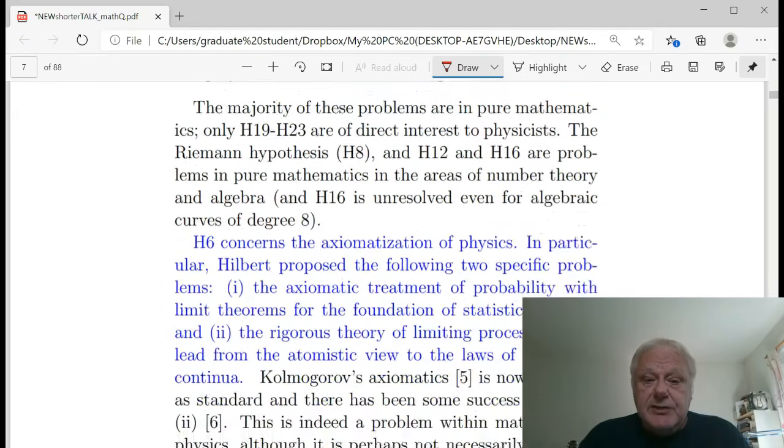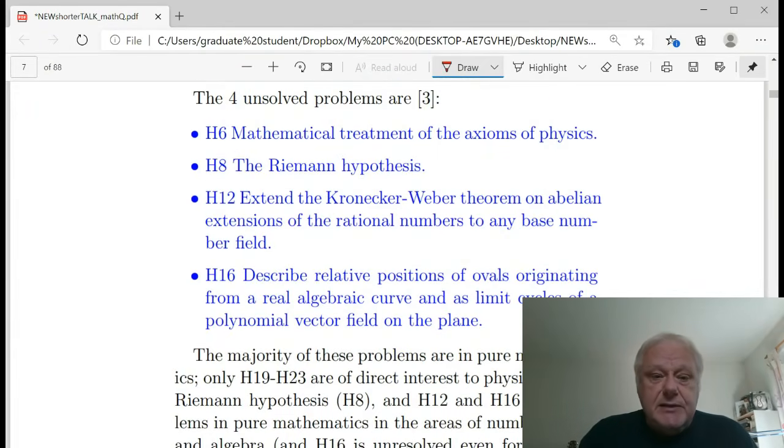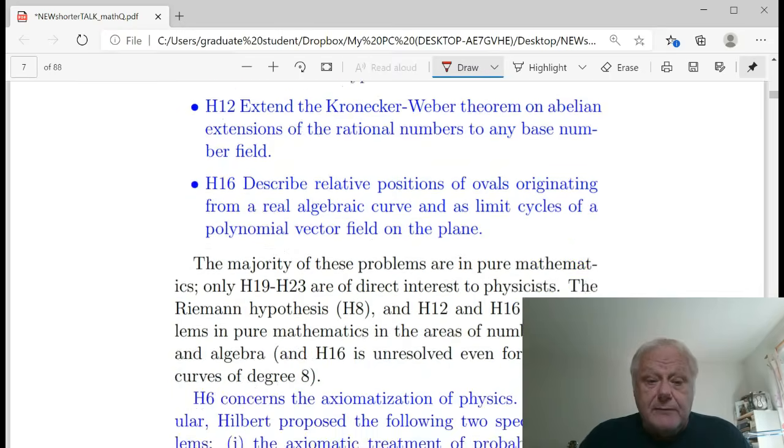But H6 is an interesting one. It's basically to put certain areas of physics on a more formal mathematical level.